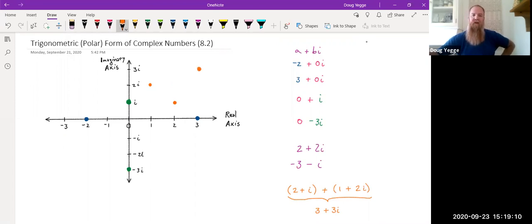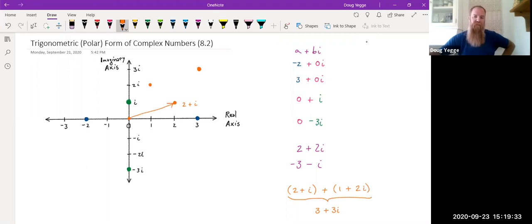So if we now look at this, how could we think of this graphically? Well, now that we've learned about vectors, turns out that we could think about this number, 2 plus i, as being the vector that extends from the origin out to that point.